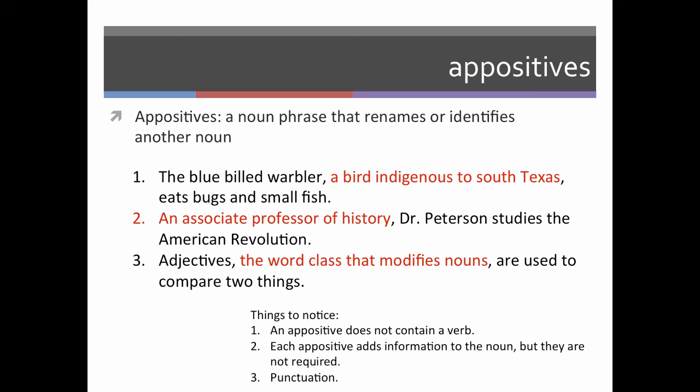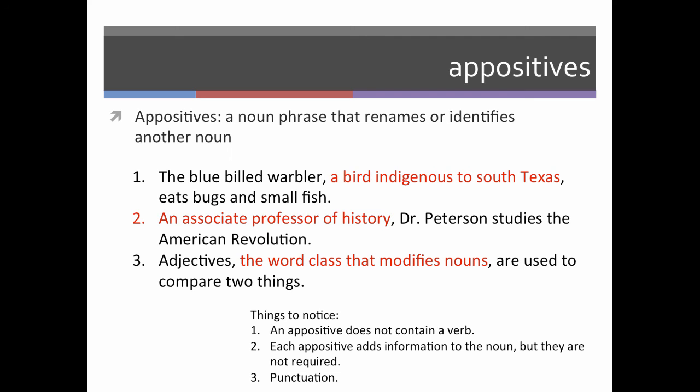Notice, again, this appositive is extra information. It is not essential to the sentence. You can take this out and the sentence makes sense. This is why the commas are added. The commas signal to the reader or to the listener that, hey, this phrase is not needed. So an appositive is extra information about a noun.